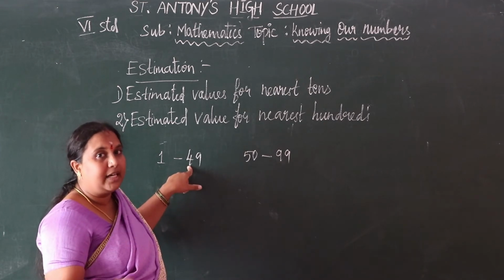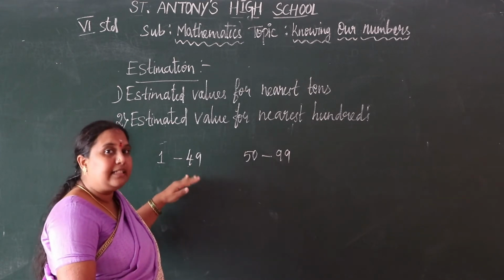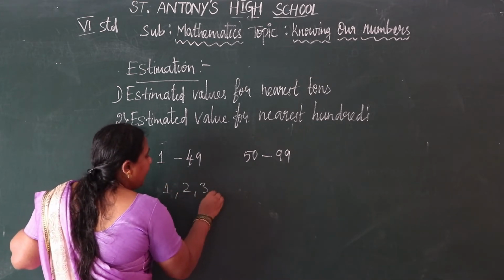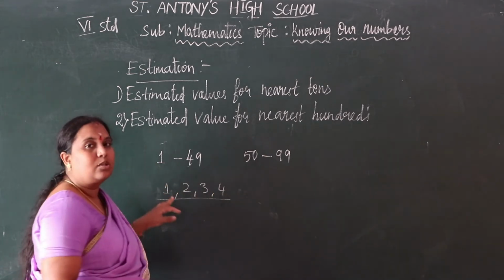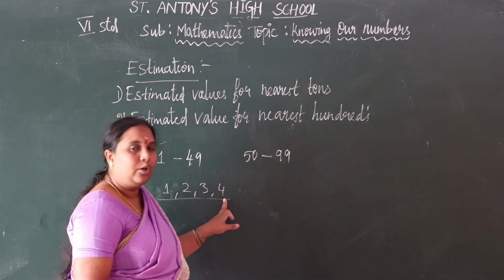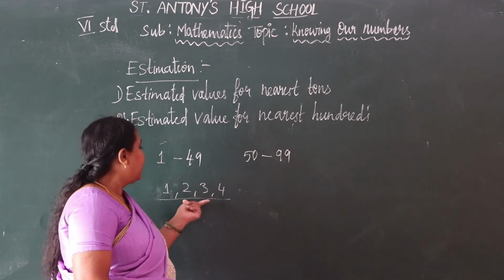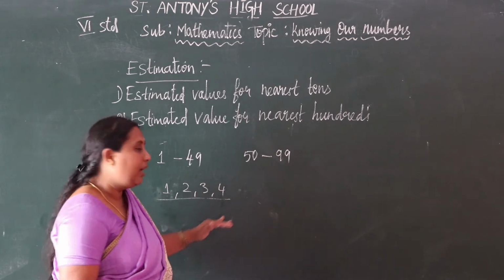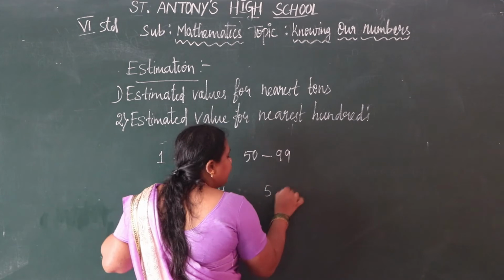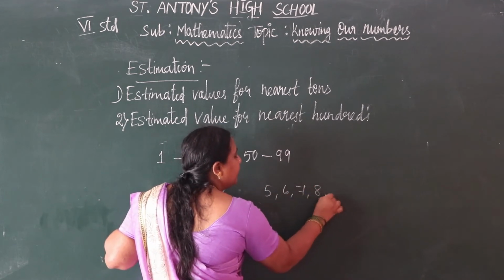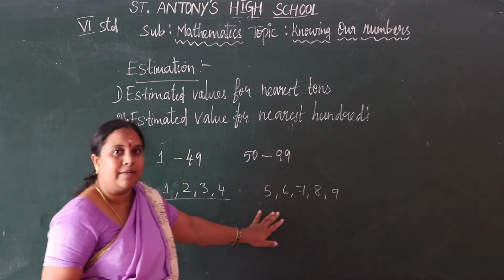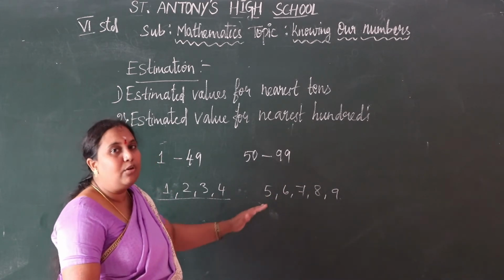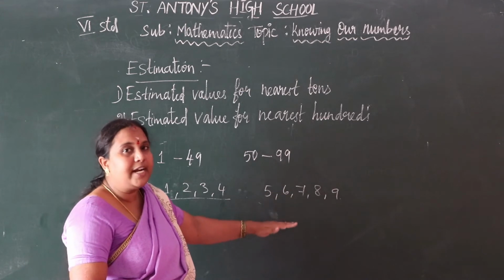In tens place, if the number is 1, 2, 3 or 4, it rounds off to 0. And if 5, 6, 7, 8, 9 comes in tens place, it rounds off to 0 and we increase hundreds place by 1.